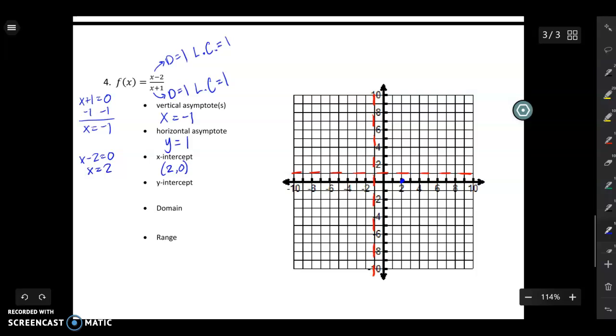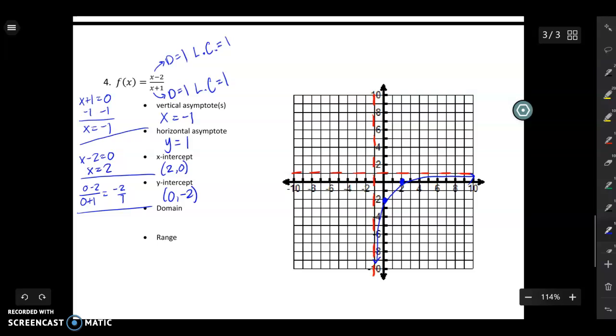So go ahead and graph that. And then my y-intercept, I just plug in 0 for all of my x's. So I get negative 2 over 1, which is just negative 2. So I have a y-intercept at 0, negative 2. Okay, so I can graph what's going on in this right side of my graph.